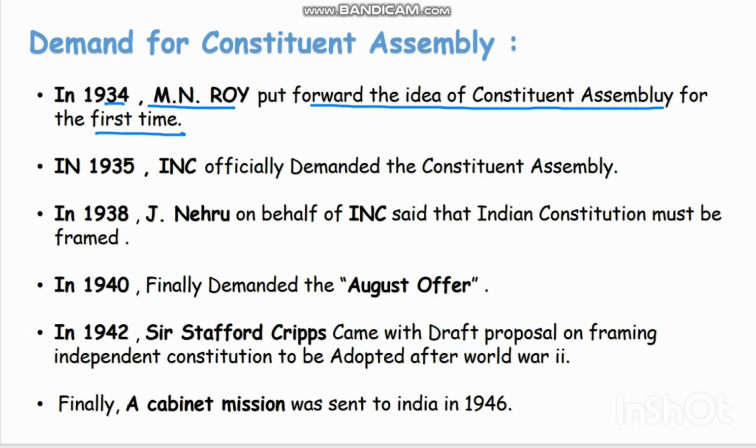Then after Roy's words, in 1935, the INC, Indian National Congress, officially demanded a Constituent Assembly from the British government.